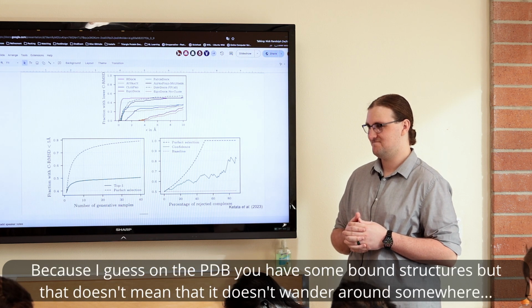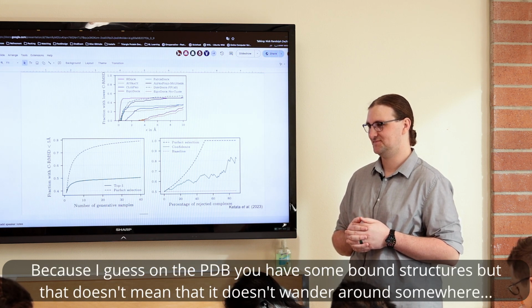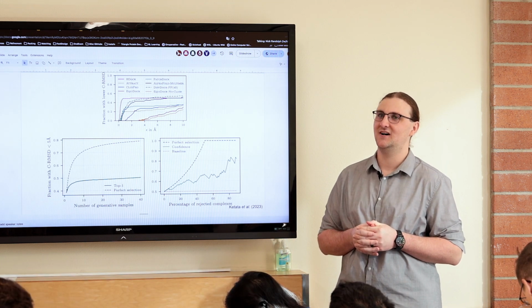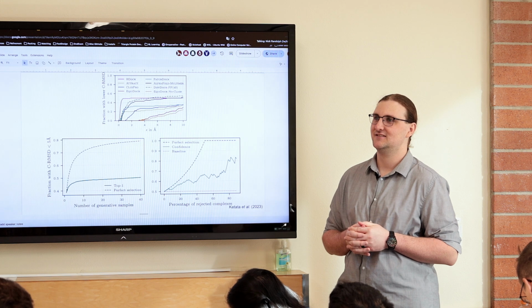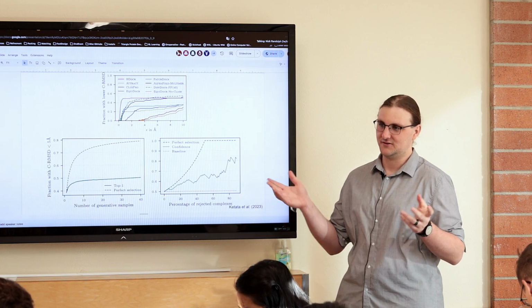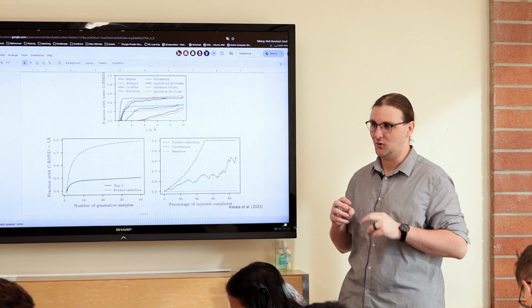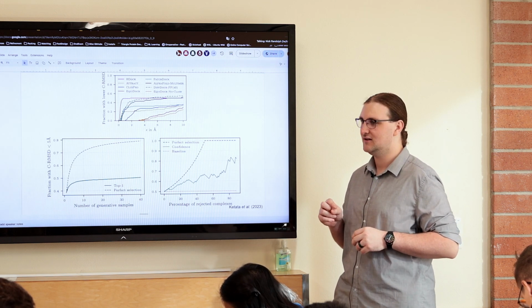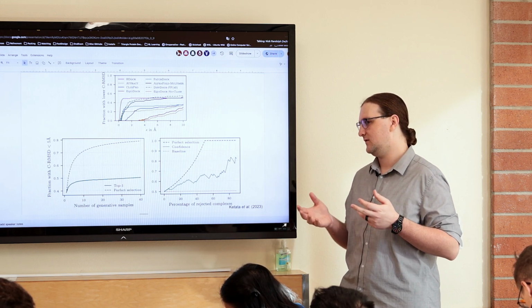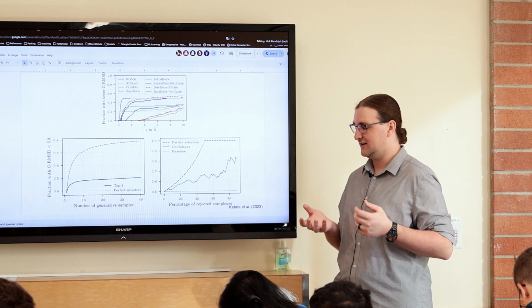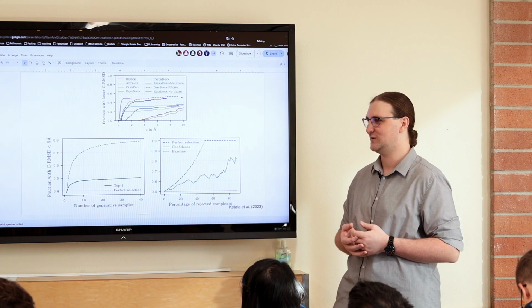Because on the PDB you have some bound structures, but that doesn't mean it doesn't wander around somewhere or get lost somewhere. I mean, that's true. It's just kind of an assumption that they make. So they just grab the PDB structures and that interaction is the ground truth, the only existing interaction there. So it's not a perfect solution. There are assumptions there, but it's the simplest thing to do.